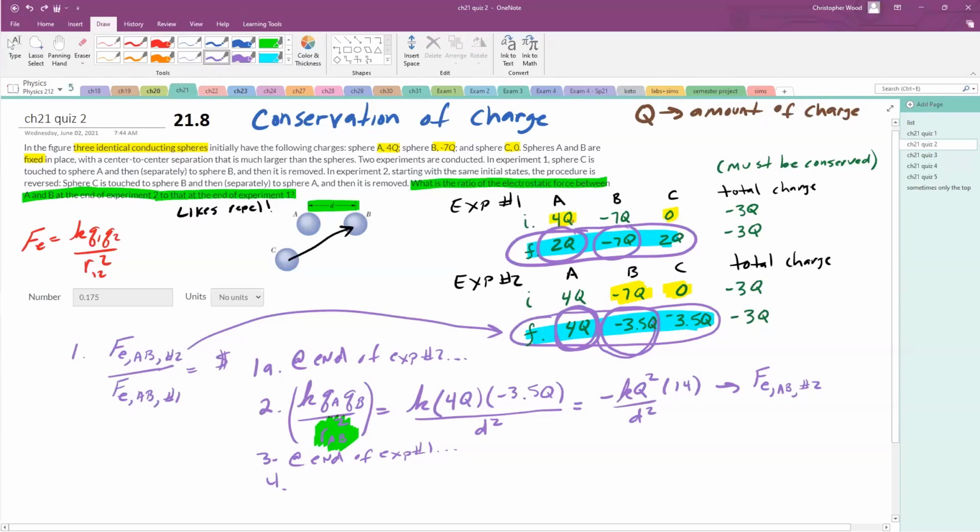I'm looking at it again here, it's going to be K times QA, QB, again with just the generic starting point, all over RAB squared.